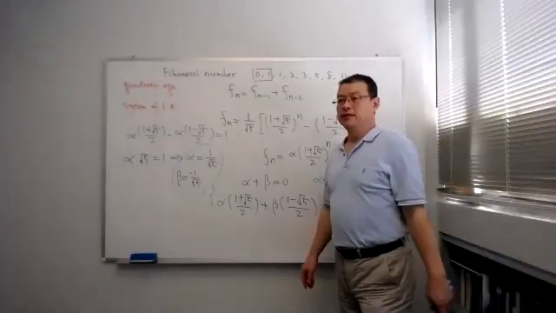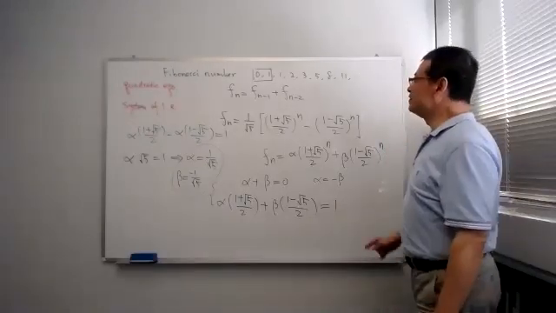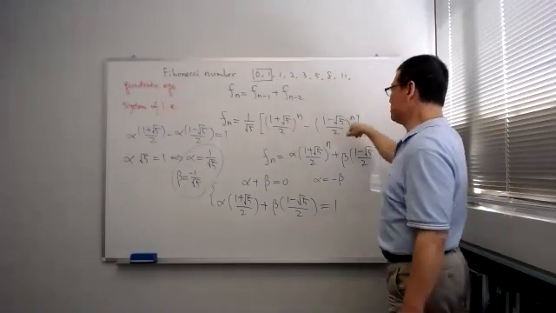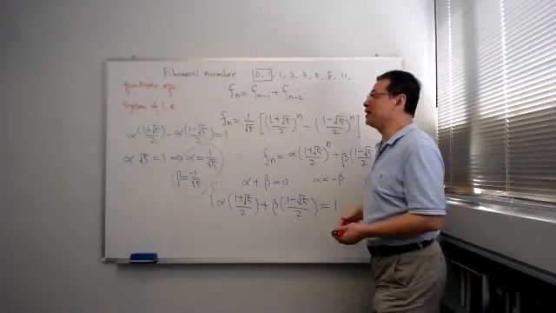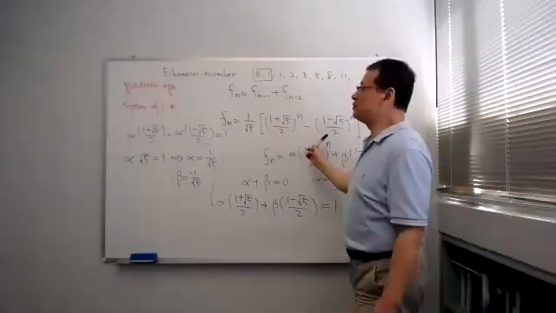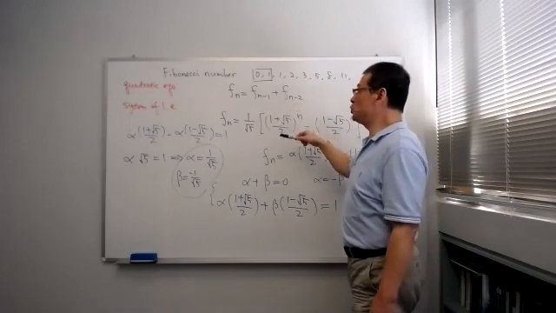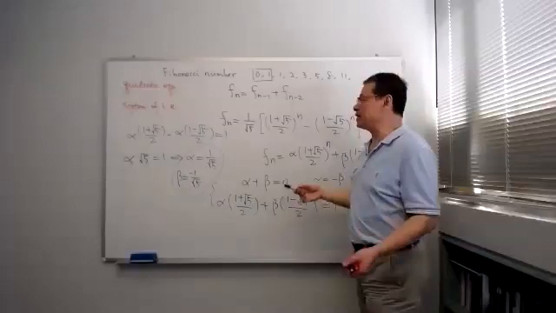It's rather surprising that for such a simple sequence, its solution is so complicated. The reason, I guess, is that these two come from the characteristic equation, and the roots of the characteristic equation happen to be very complicated.